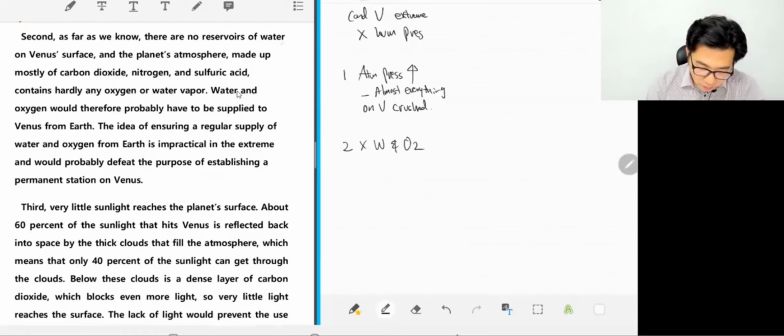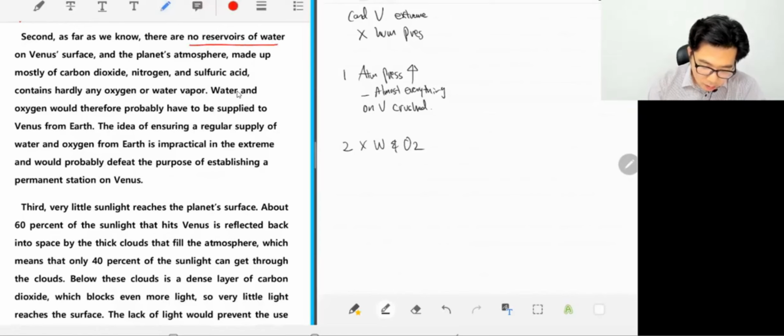The topic sentence would be: no water on Venus surface at least, and not much oxygen in the atmosphere. So we cannot get much oxygen and water on Venus surface. And water and oxygen would therefore probably have to be supplied to Venus from Earth. So this is detail 1.